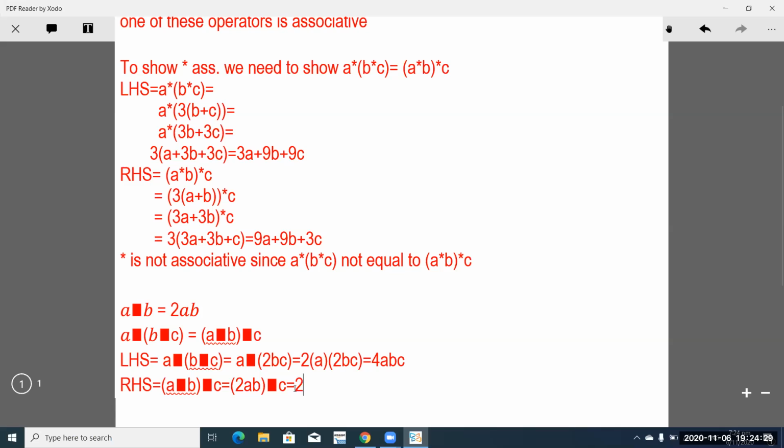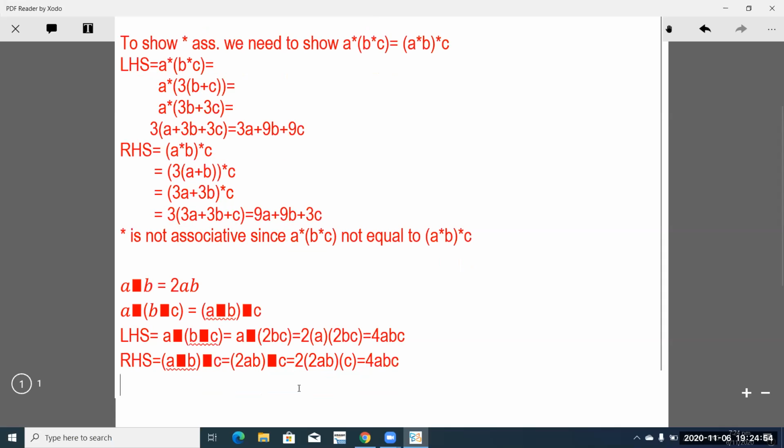It's 2 times 2AB times C. Very good. So it's really 2 times our first number, replacing our A with 2AB, times our second number, which is C. And so this works out to be 4ABC. Now what can we conclude about box?